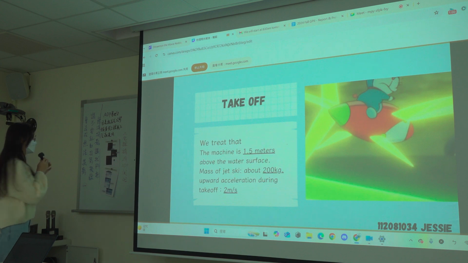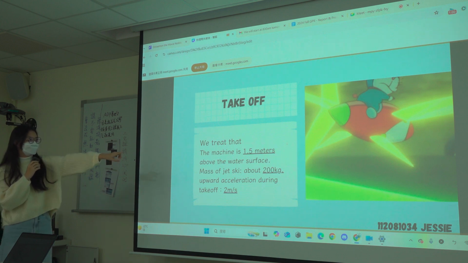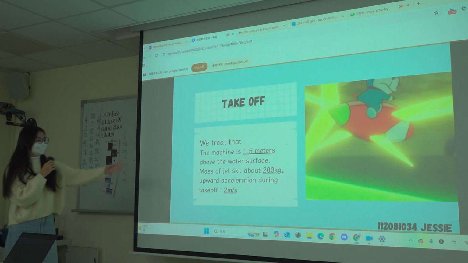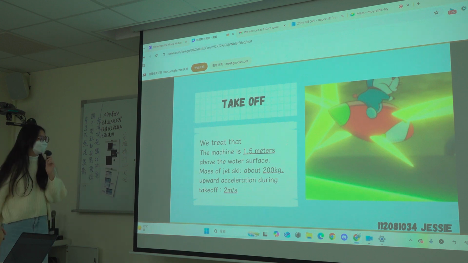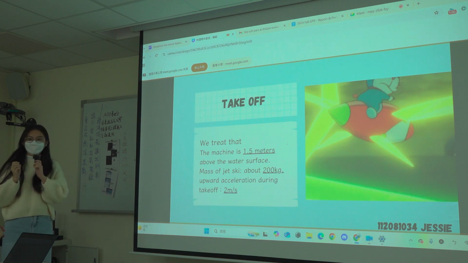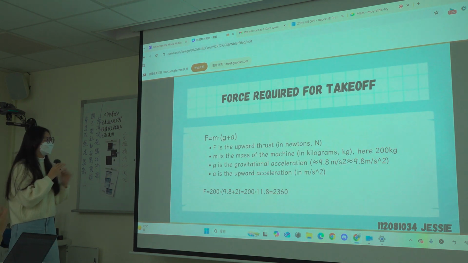We treat the machine as being 1.5 meters above the water surface. The mass of the jet ski is still 200 kilograms. Our acceleration during takeoff we consider to be 2 meters per second squared. And the calculation is like that.